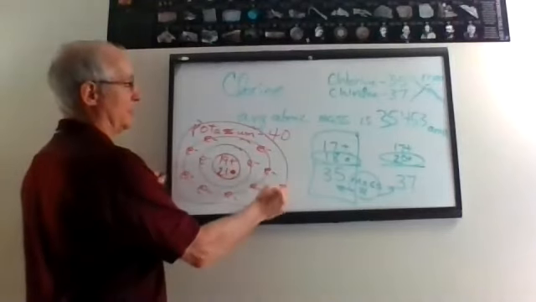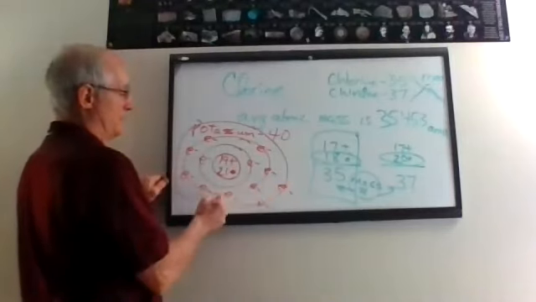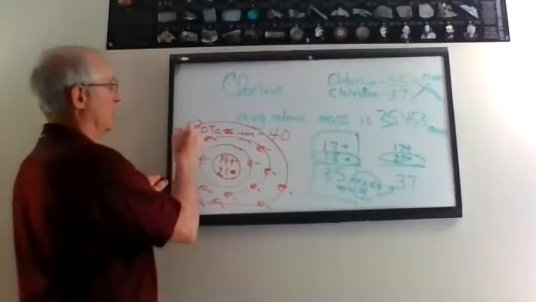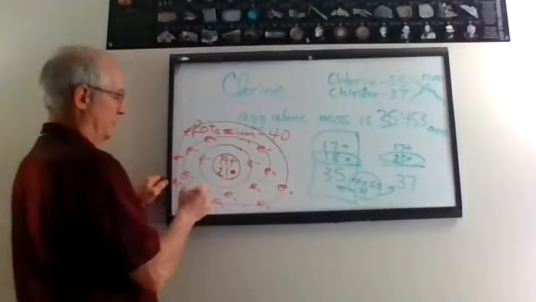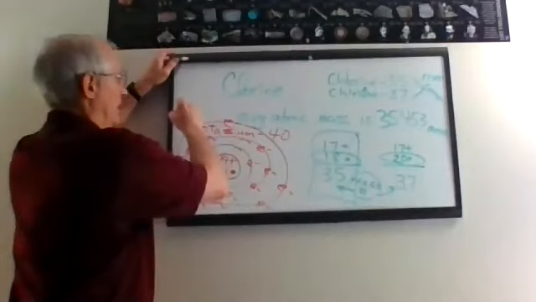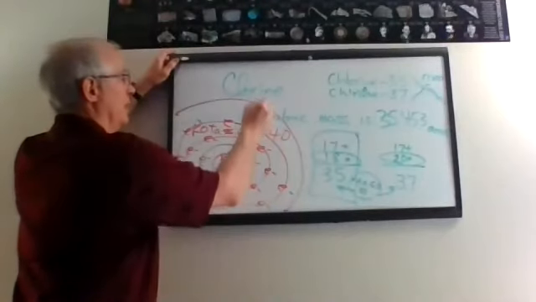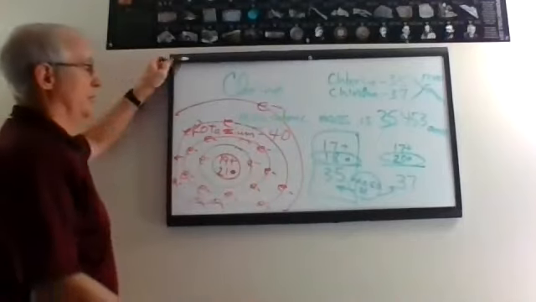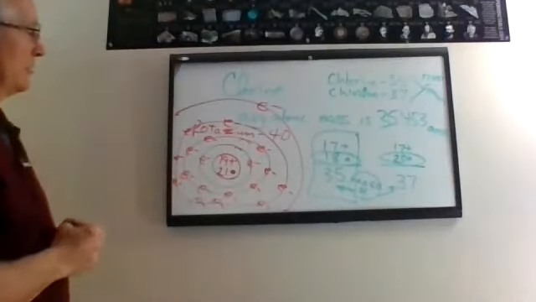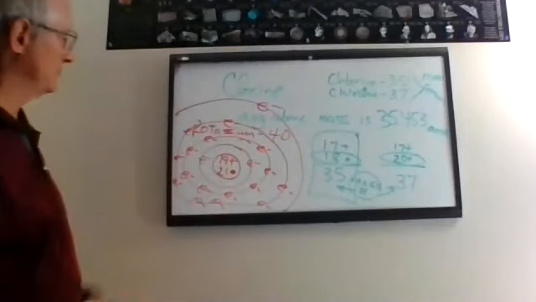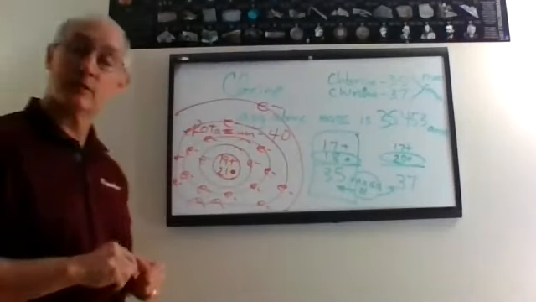You're going to learn in chemistry, you can only get 8 in here initially. 1, 2, 3, 4, 5, 6, 7, 8 initially. Then you're going to put one out here on the fourth energy level. And that's going to be your 9th one. So you got 2 plus 8 plus 8 plus 1. That's 19.